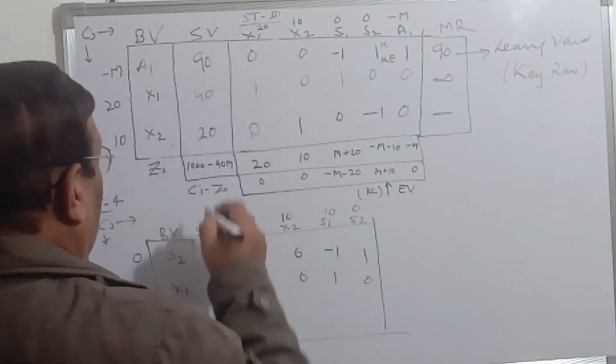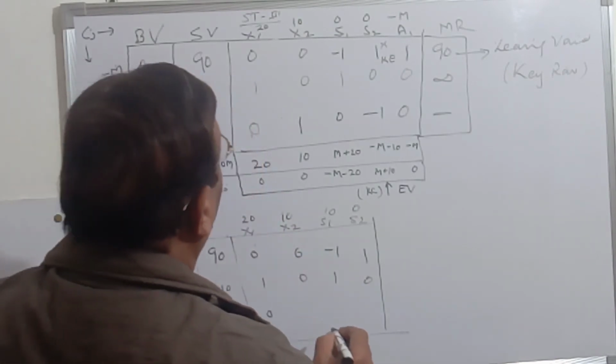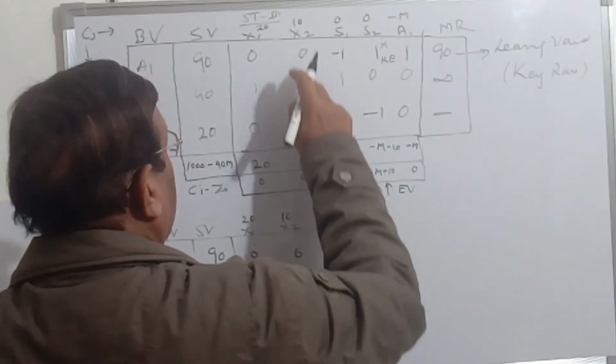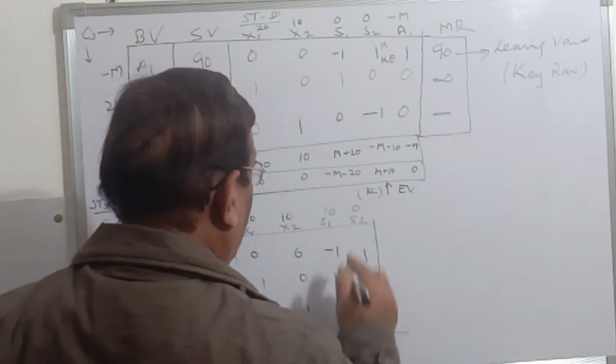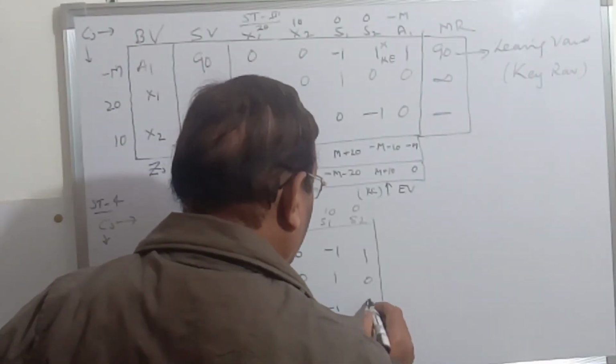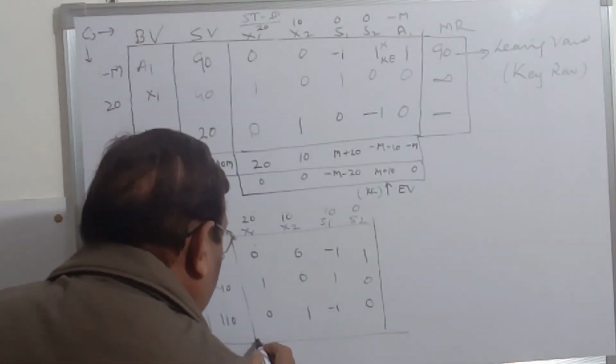Then 90 plus 20, 110, 0 into 0, 0, 1 into 0, 1, 1 plus 0, minus 1, 0 minus 1, and here it is 1 minus 1, 0. That's all.